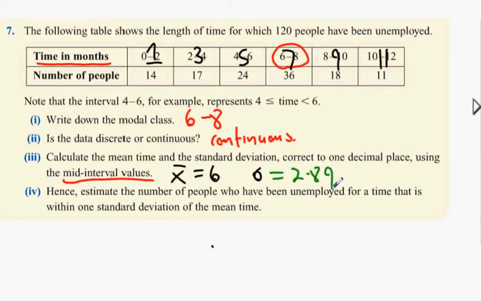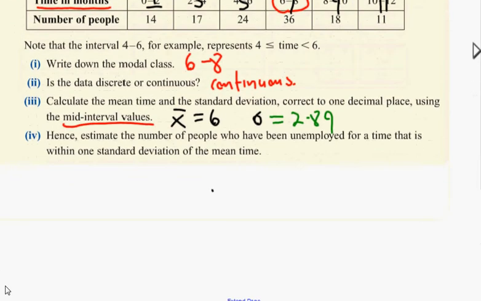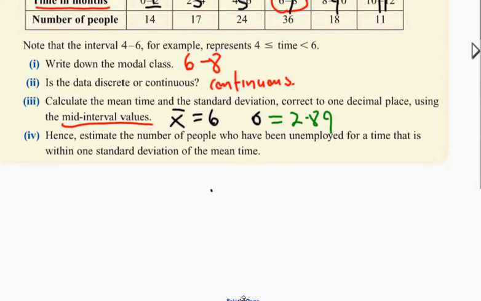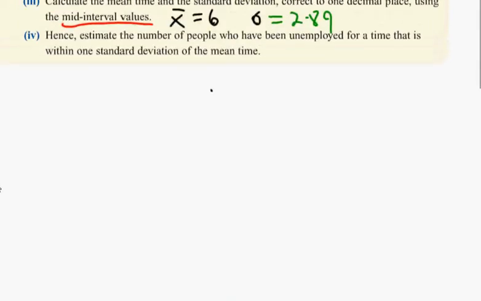Hence, estimate the number of people who have been unemployed for a time that is within 1 standard deviation of the mean time. Now that's an interesting one. That comes back to the empirical rule. And the empirical rule we haven't done since before the midterm. Does anybody remember the empirical rule?